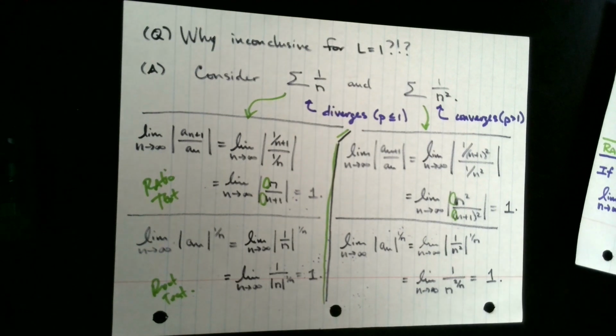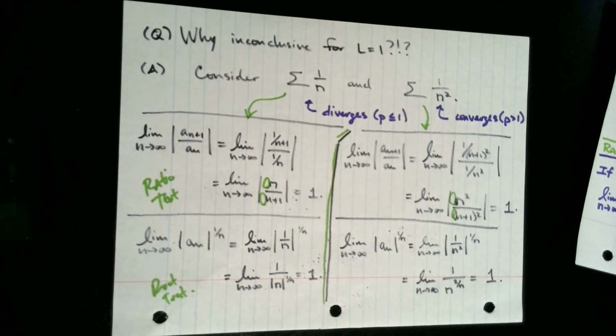What about the root test? We could apply the root test to these two series, these two P series, which we know how the story plays out. So if you take the term and raise it to the 1 over n power, of course, 1 to the 1 over n power is just 1. Downstairs, we have the absolute value of n to the 1 over n power.